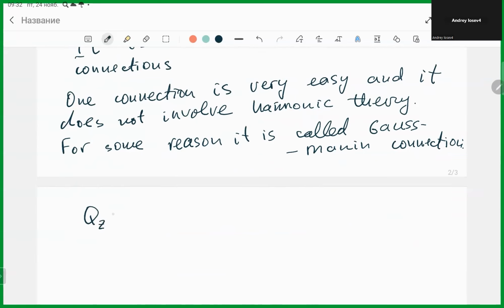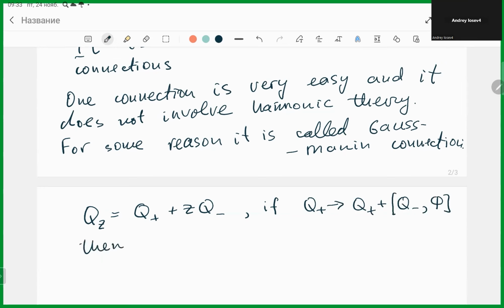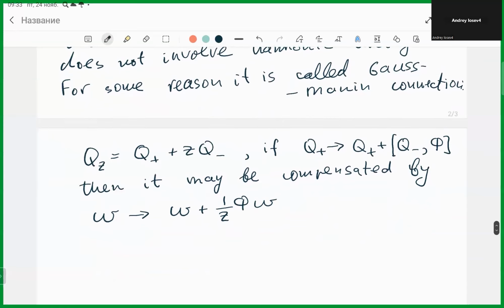The idea is the following. Q_Z is Q plus Z Q minus. If Q plus goes to Q plus plus Q minus phi, then it may be compensated by a transformation of omega. It is a simple computation.